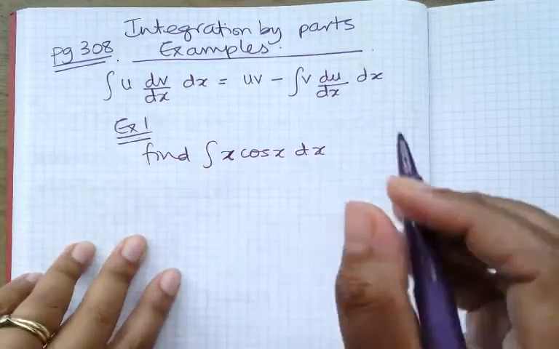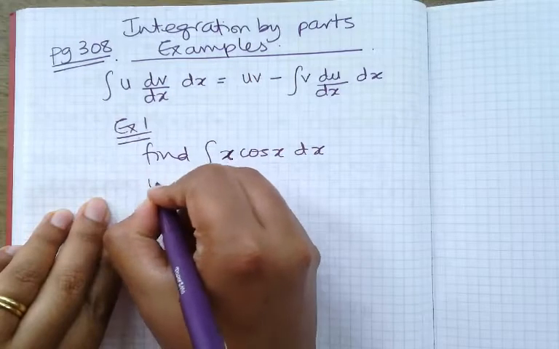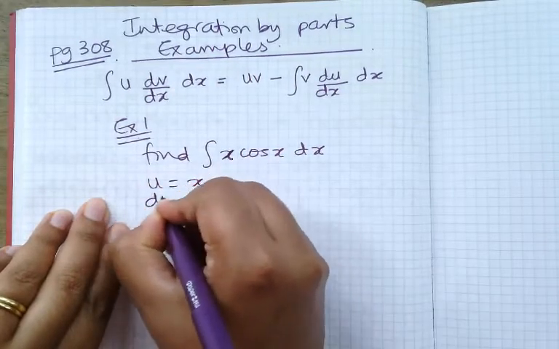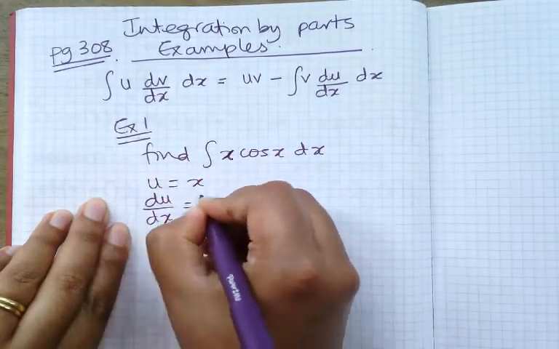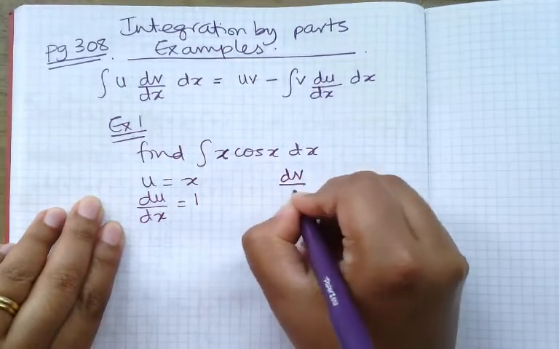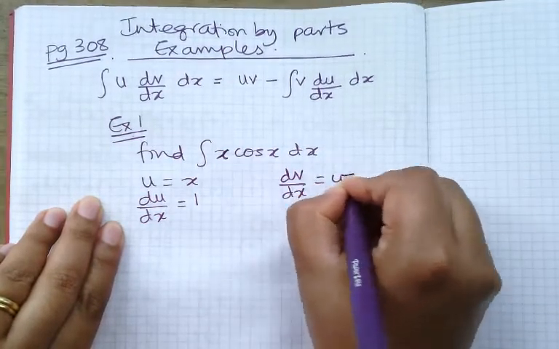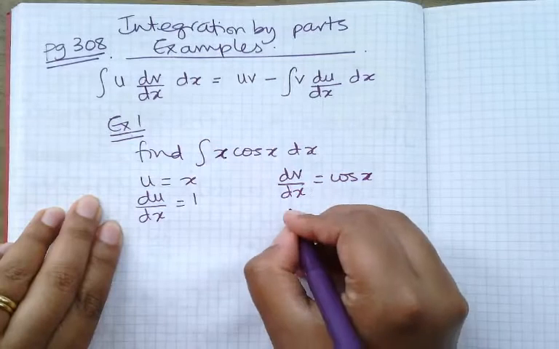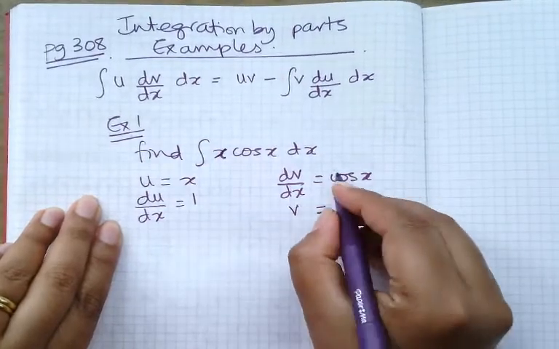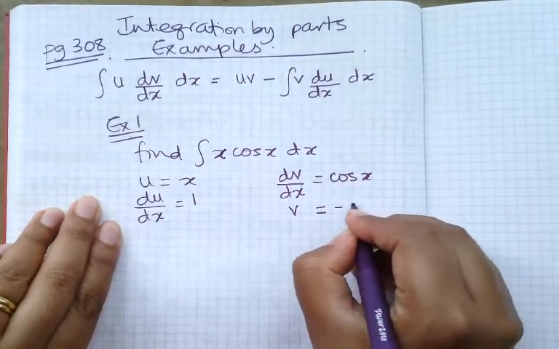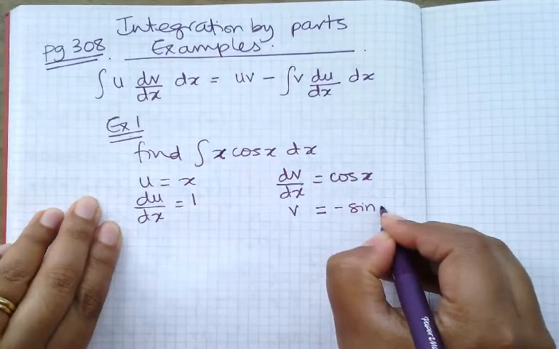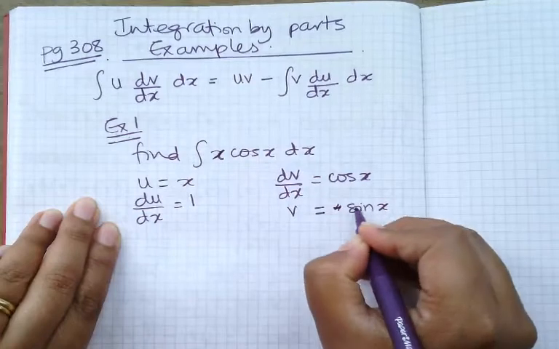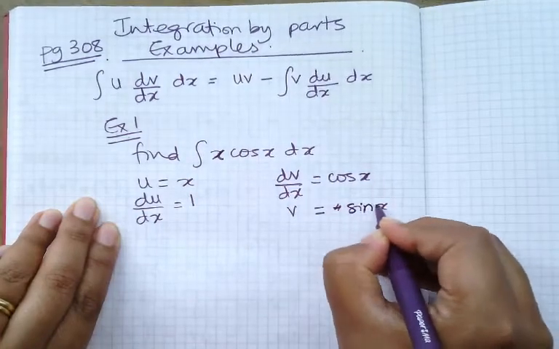So I am going to let u be my x, so du by dx is 1. I'm going to let cos x be my dv by dx, so that means my v is going to be sine x, because I'm integrating.